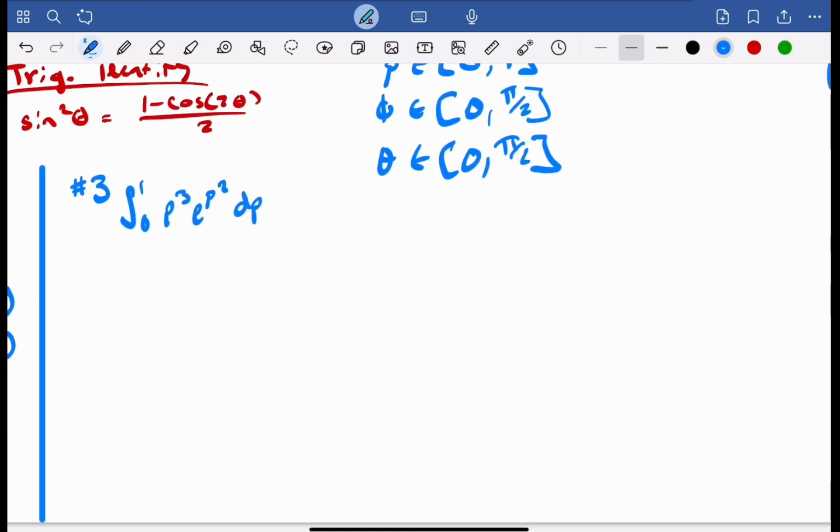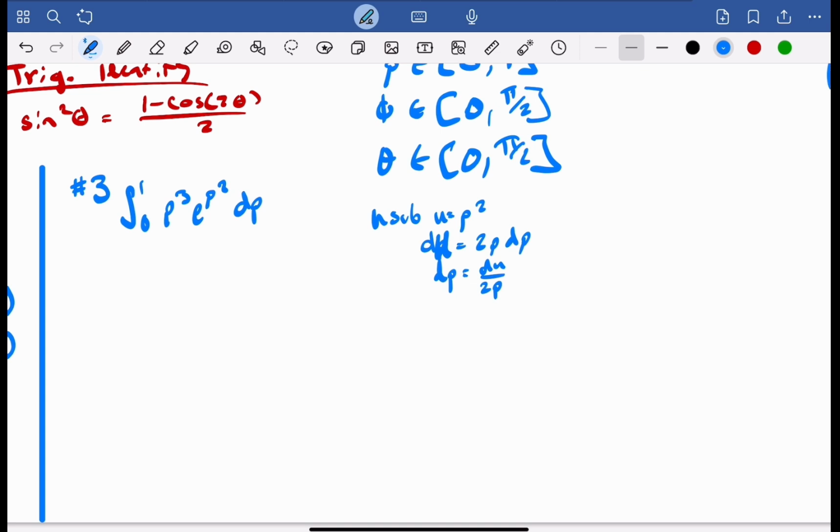Alright, now, this one might be a little tricky, but we're going to do some u substitution here, and we're going to set u equal to rho squared, which means du is equal to 2 rho d rho. d rho is equal to du over 2 rho.